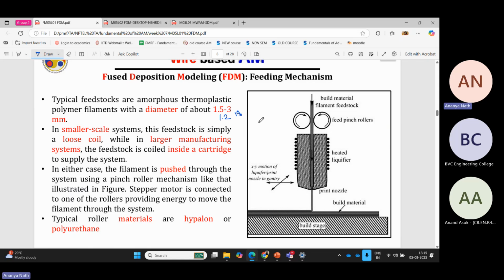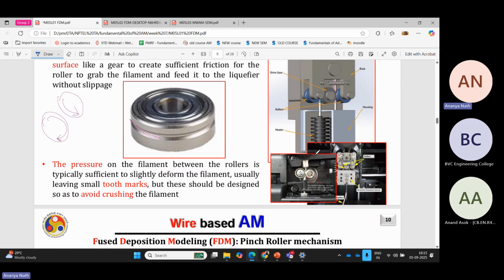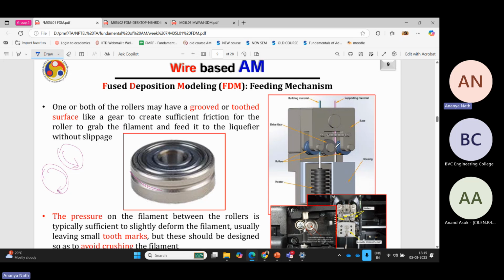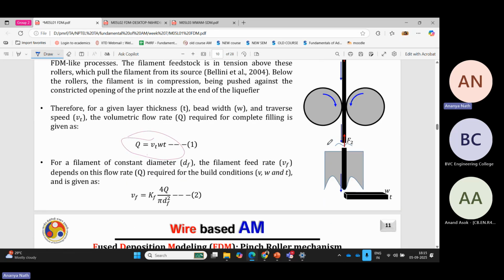Then the feeding, we have already understood how the pinch roller is pushing the wire below. These are the groove teeth, the wire passes through the groove, and because of the force and rotation, the wire is coming outside. This is the actual photo of the pinch roller mechanism.